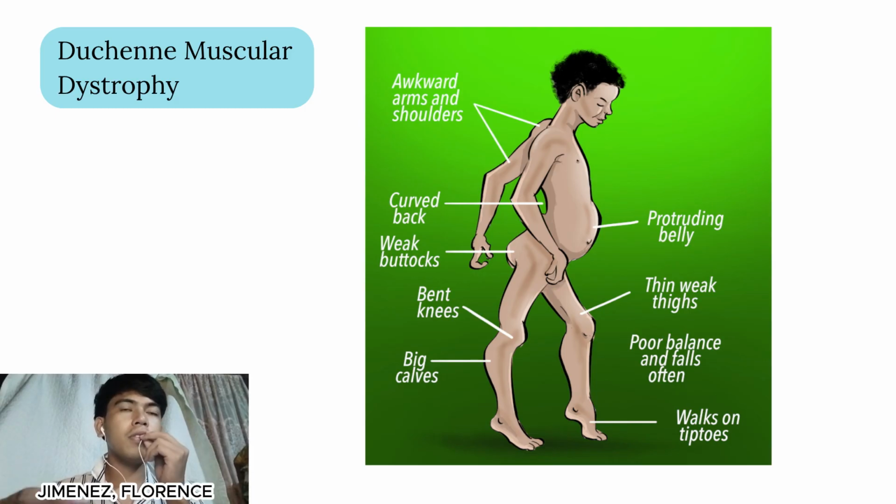That's why, as you can observe from the picture, the body composition of the affected person is different from the normal body composition: awkward arms and shoulders, curved back, weak buttocks, bent knees, big calves, protruding belly, thin weak thighs, poor balance, frequent falls, and walking on tiptoes.